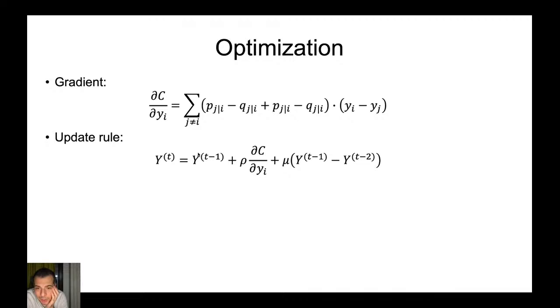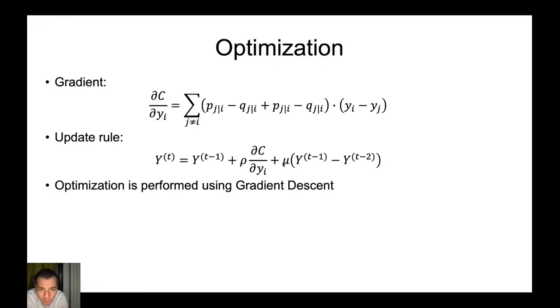So we update the embeddings, the set y, by taking the embeddings from the previous step. We add the gradient with some learning rate, and we also include the momentum term, which is controlled by this momentum rate.